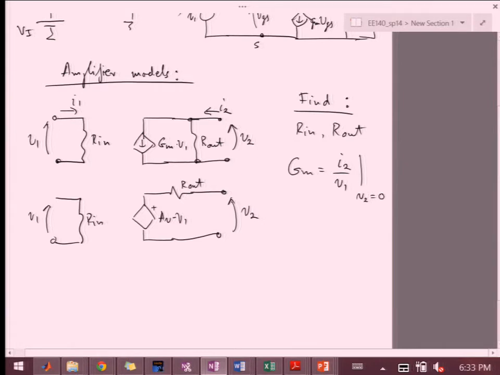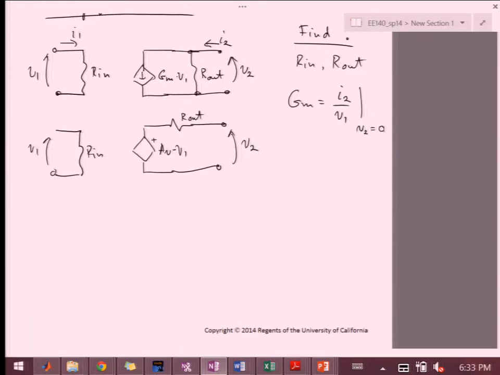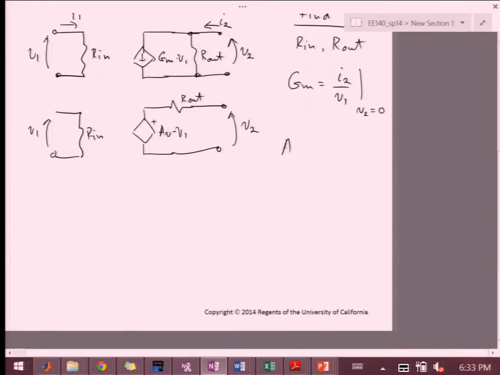So when V2 is shorted, I have no current going through Rout, so all the current goes through Gm V1. And then I'm going to define also Av as V2 over V1 for I2 equals 0.